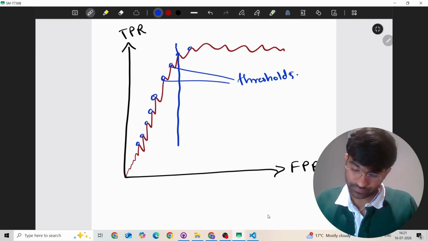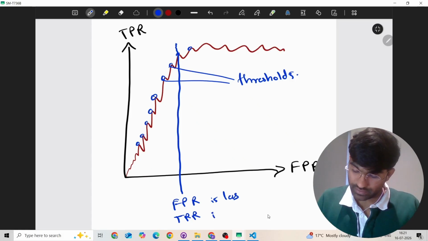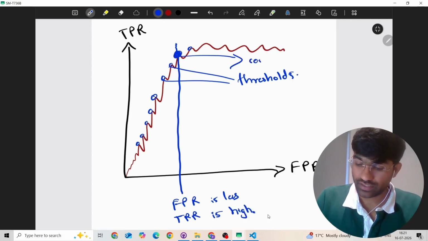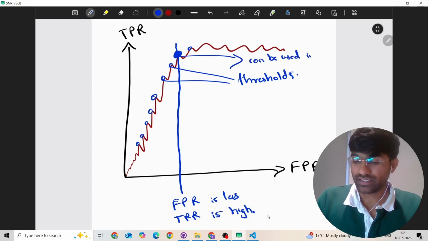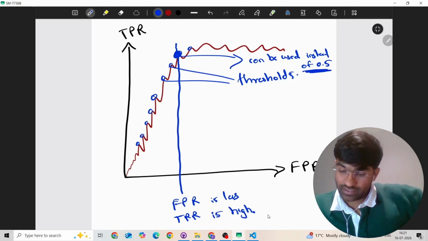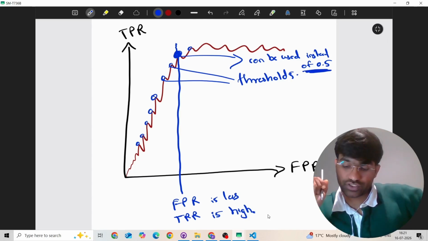See, at this point the false positive rate is less and the true positive rate is high. So this threshold can be used instead of 0.5, which is the default. Instead of using the default threshold, you can find the threshold where your false positive rate is less and true positive rate is high.